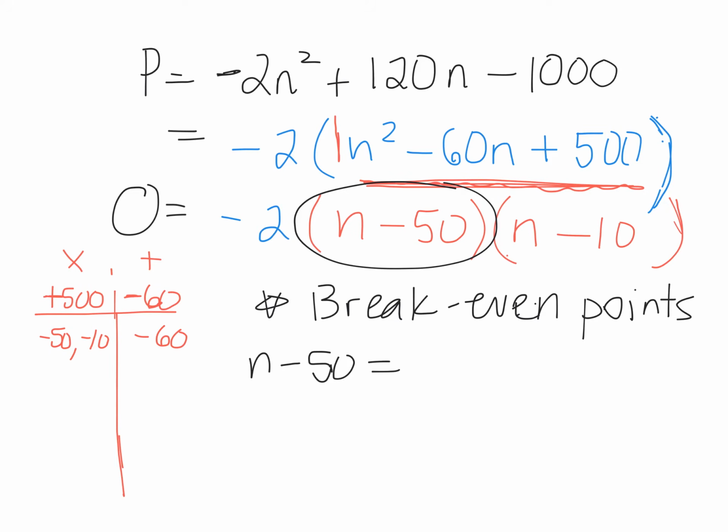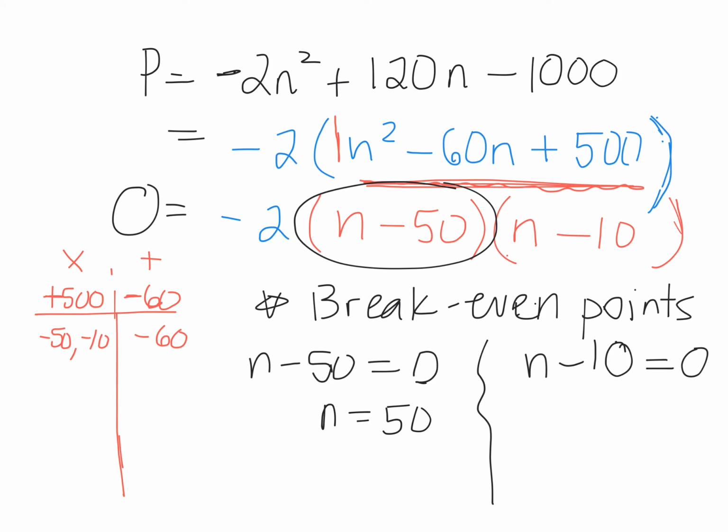You haven't made any money, you just broke even. So n minus 50 equals 0 and n minus 10 equals 0. 50 and 10. So there's actually two break-even points. If you sell 50 watches, you break even, and if you sell 10 watches, you break even.